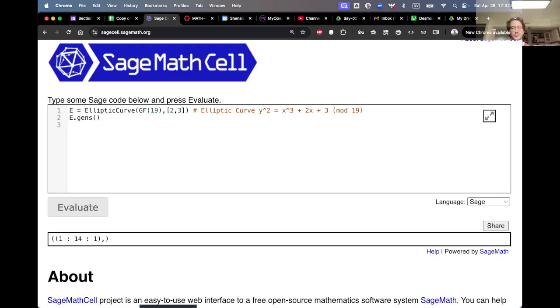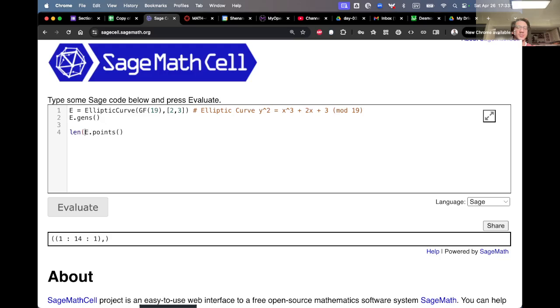Okay. And now the question asked was how many points are in the elliptic curve over F19, and generally it's going to be fairly close to the prime number p. It should be fairly close to 19. To check, I can ask Sage for just the list of points. This spits out like a Python list of points.